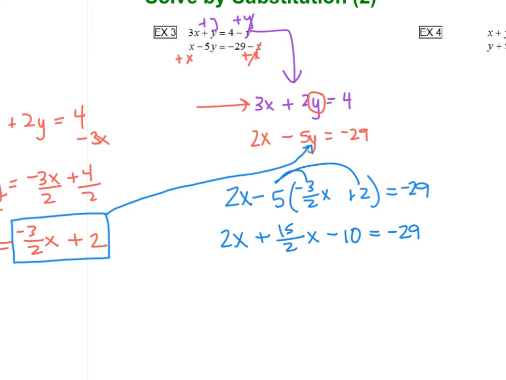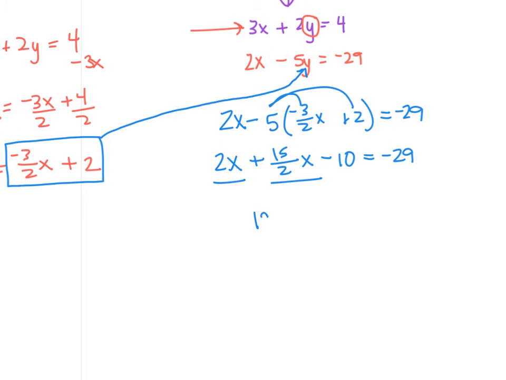All right, now to solve this, let's combine like terms. We have a 2x plus 15/2 x. That gives us 19/2 x minus 10 equals negative 29. Okay, so remember when we have dealt with fractions and we say, I don't want to solve an equation with a fraction?